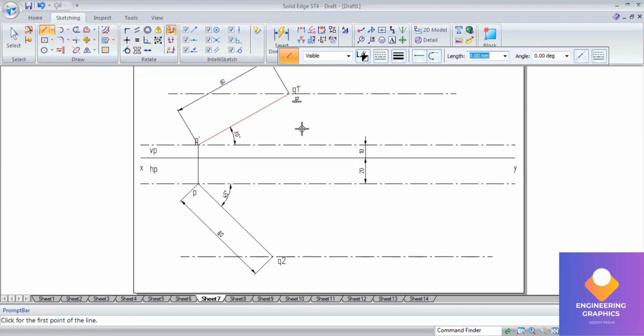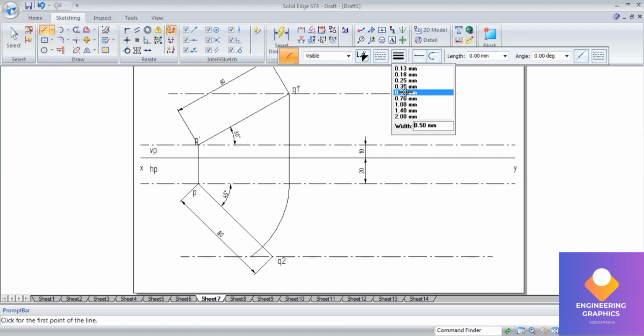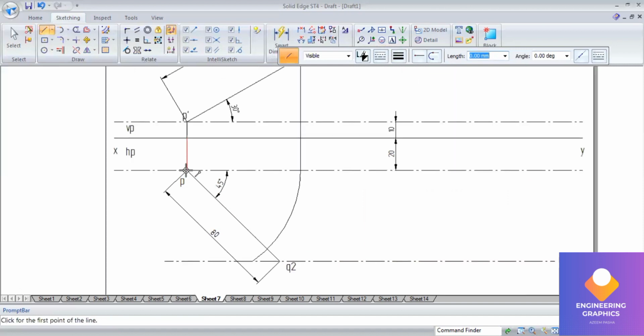So just project the straight line vertically downward. Then go to arc by center, measure the distance from here to here and cut the arc. Okay, go to trim command and trim this part. Go to line and select the thick line, 0.50 mm thickness you can consider.